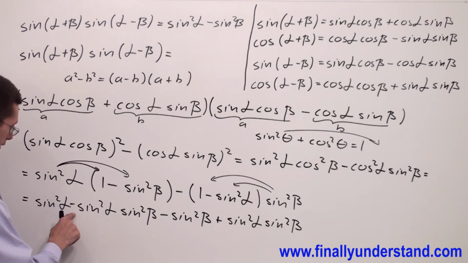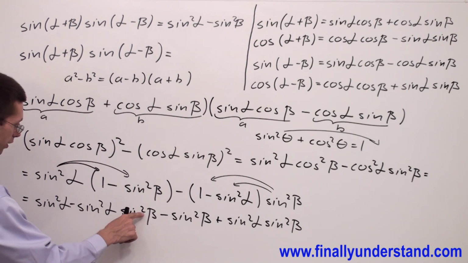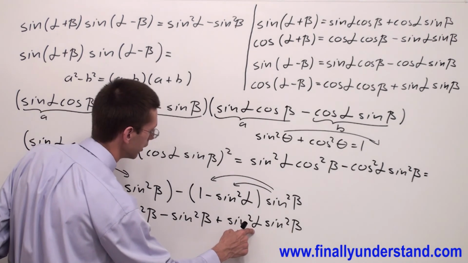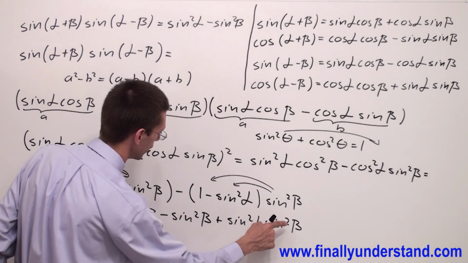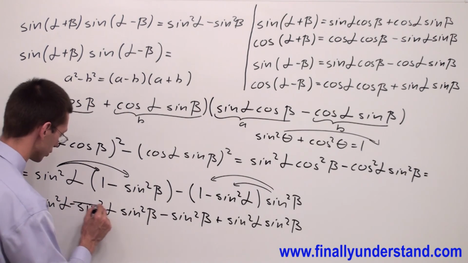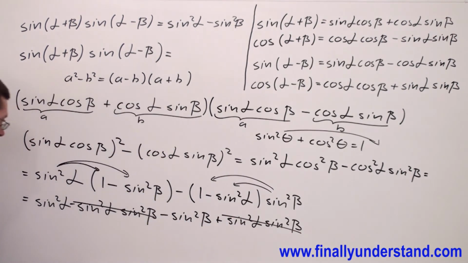Now let's combine the like terms. I have negative sine square alpha times sine square beta, and I have positive sine square alpha times sine square beta. That's why these two terms are going to subtract each other, and we are going to end up with 0 with both of them.